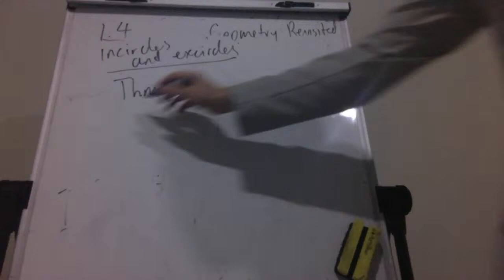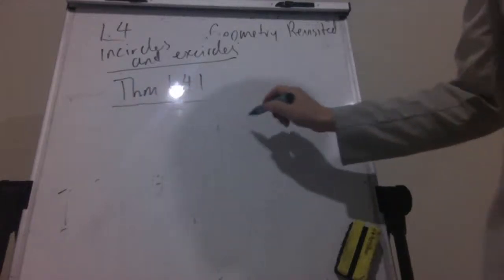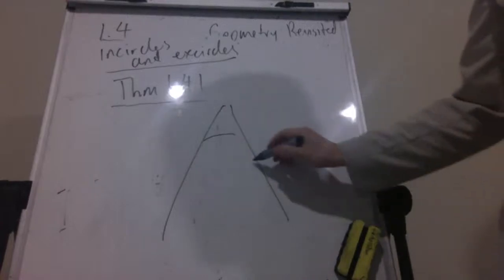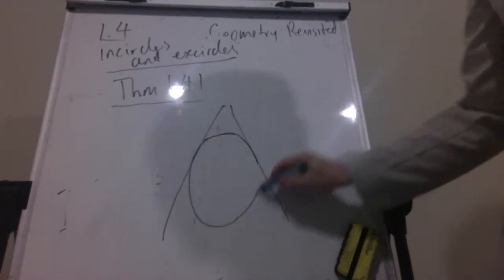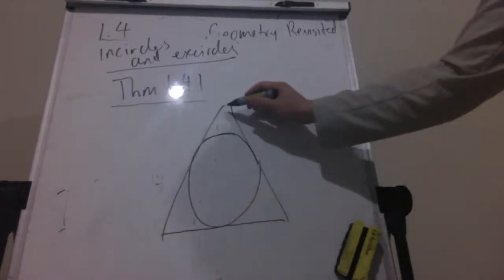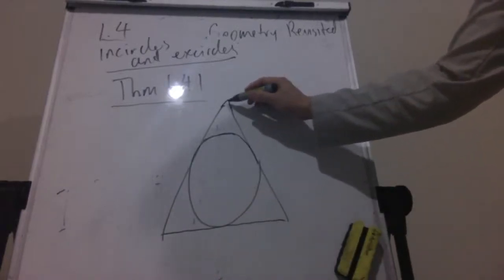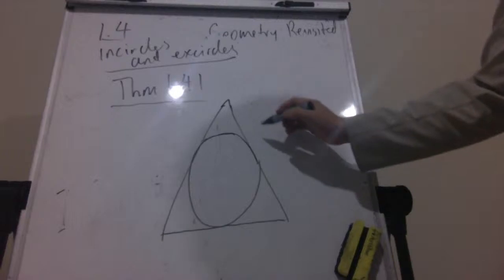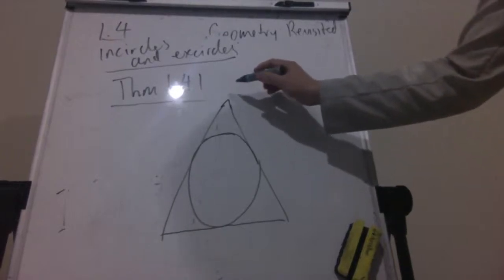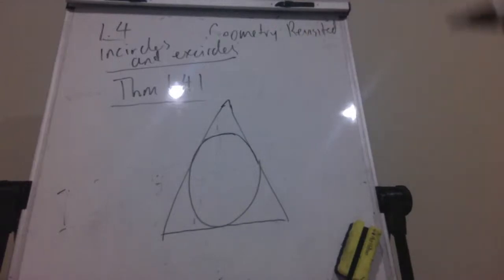Okay, anyway, so incircle, the theorem basically talks about when you have an incircle, right? So the tangents are equal. So let's draw the same orientation as that.